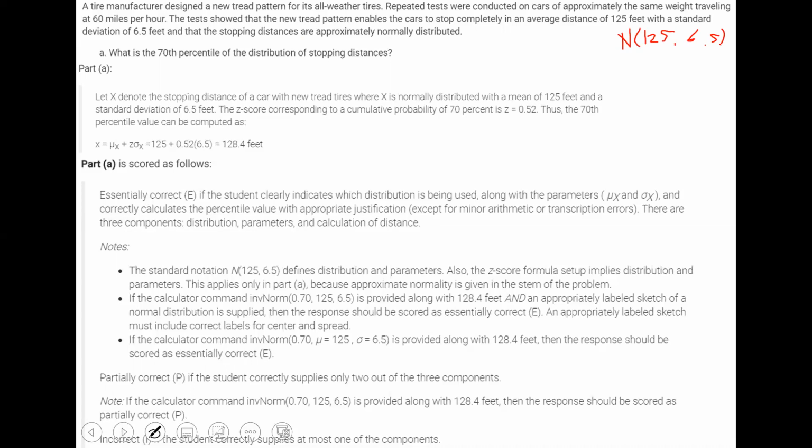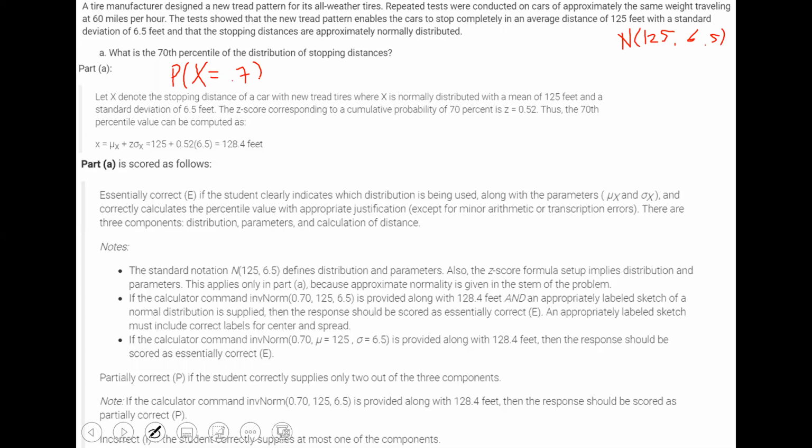Okay, so a lot of you started writing something like P(X) equals 0.7 or something like that. But you need to define what X is, or else this makes no sense to me, or the readers.